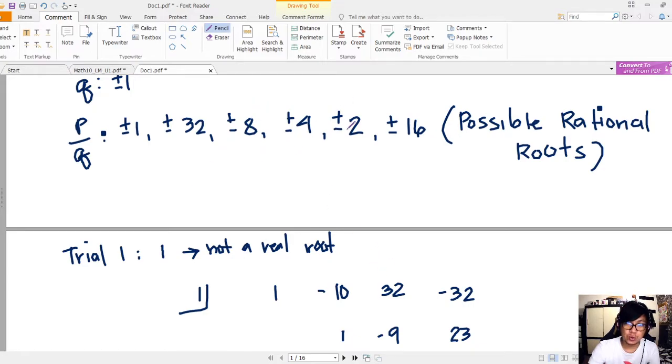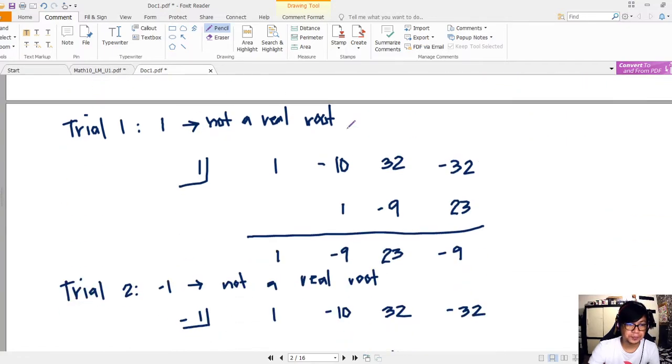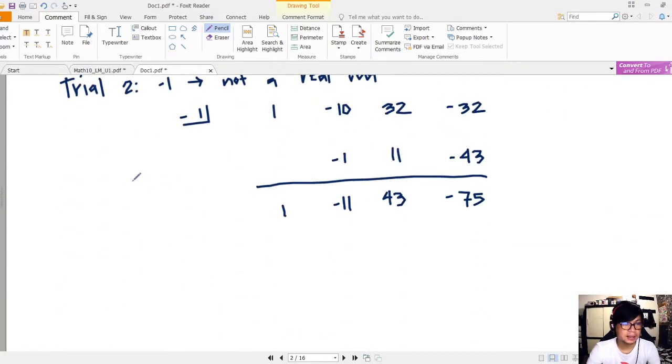Sige. Itong 2, try natin itong 2. Sige, pangatlong trial na tayo. Pero sa solution nyo, kung sa first pa lang na-identify nyo yung real roots, that's better. No? Kung na-identify nyo, mas magandang ganun. So, kung hindi pa nyo na-identify, just continue using the synthetic division.